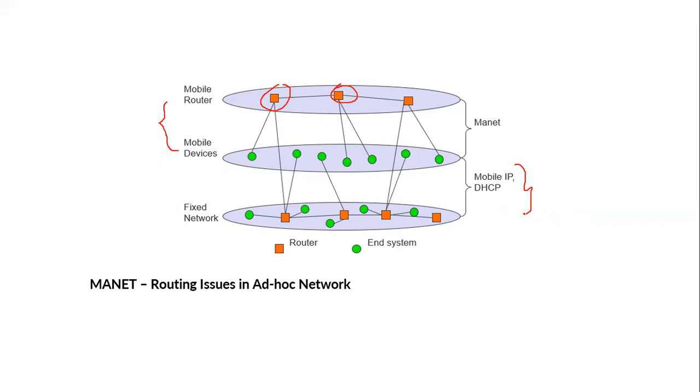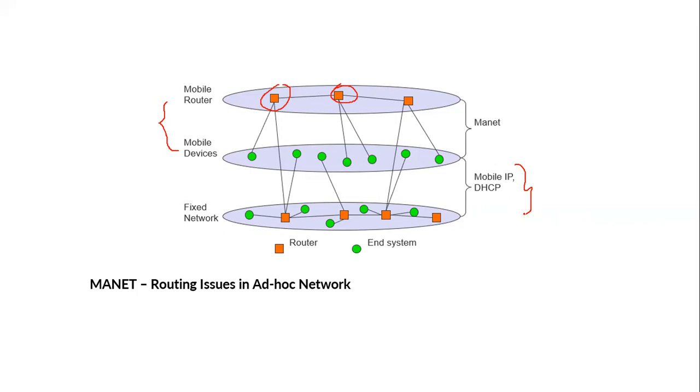The MANET working group is responsible for developing protocols and components to enable ad hoc networking between mobile devices. Here we should know that the separation of end system and router is only a logical separation.